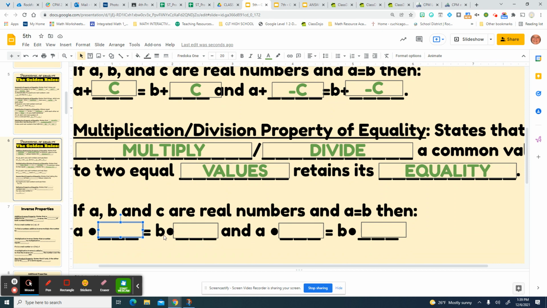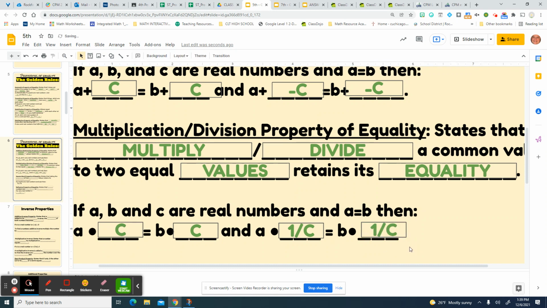So if A and B and C are all real numbers and A equals B, then A times C must also equal B times C. And A times 1 over C must equal B times 1 over C.